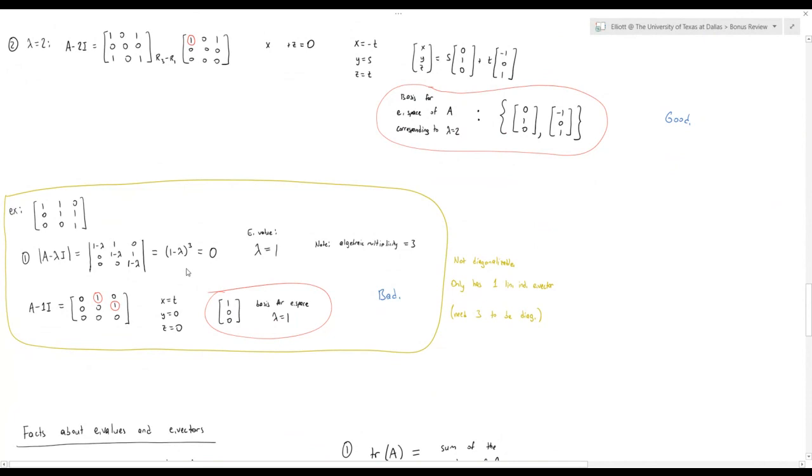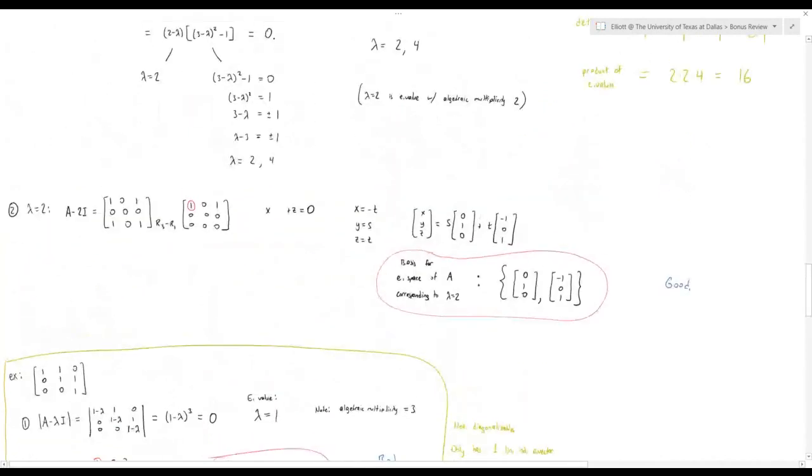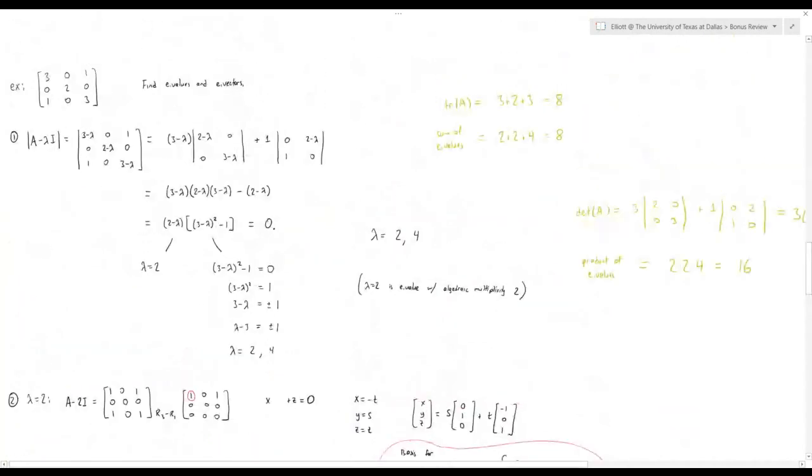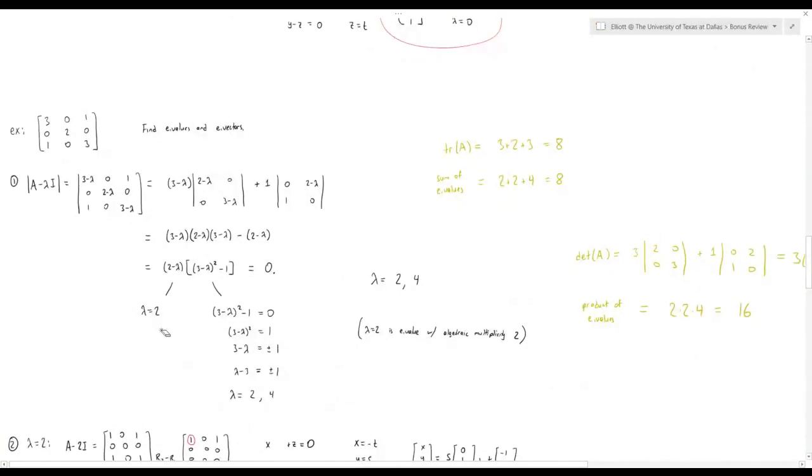So if an eigenvalue is repeated, you have to add it that many times for this part. 2 was an eigenvalue repeated twice. So I had to add it twice when I was doing the sum of the eigenvalues. And when I did that, then the sum did match the sum of the diagonal entries. Okay.